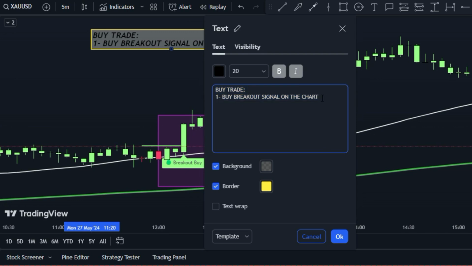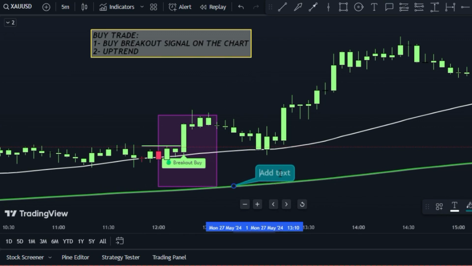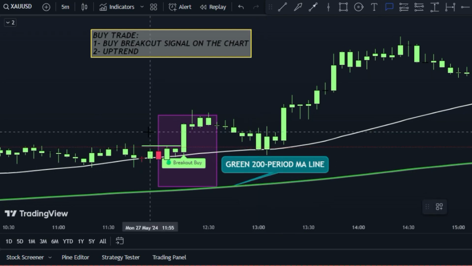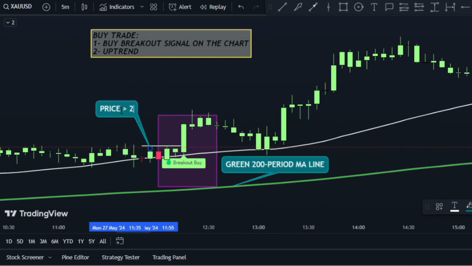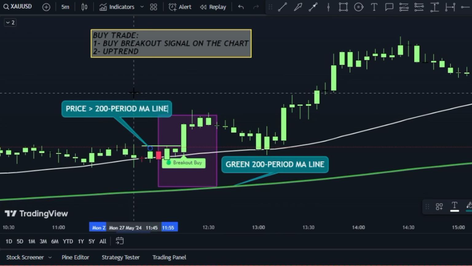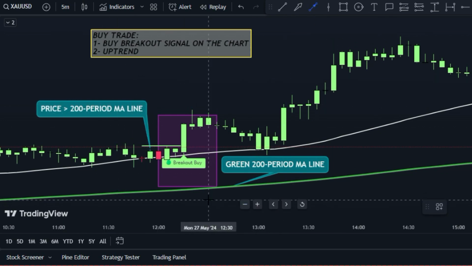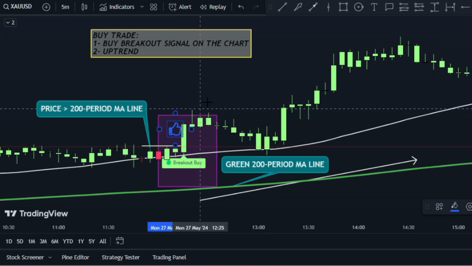Next, ensure the signal candle's close price is above the green 200 moving average line. It confirms an uptrend, signaling a perfect opportunity for a buy trade. So once both conditions are met, you're good to enter the buy trade.